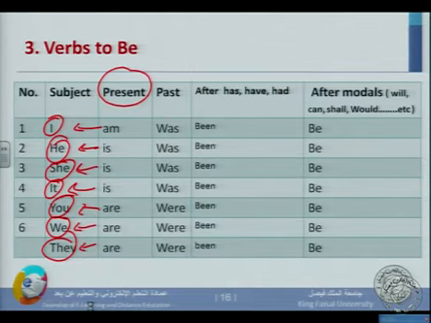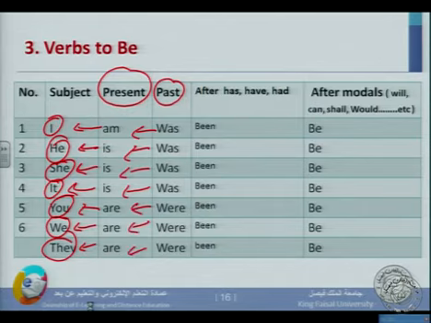They are. الباست ماضي verb to be اللي هو مع الآي تيجي was، مع الهي was، مع الشي was، مع الإت was، والوير تيجي مع اليو والوي والآر عفوا والthey. اوكي هذا verb to be.